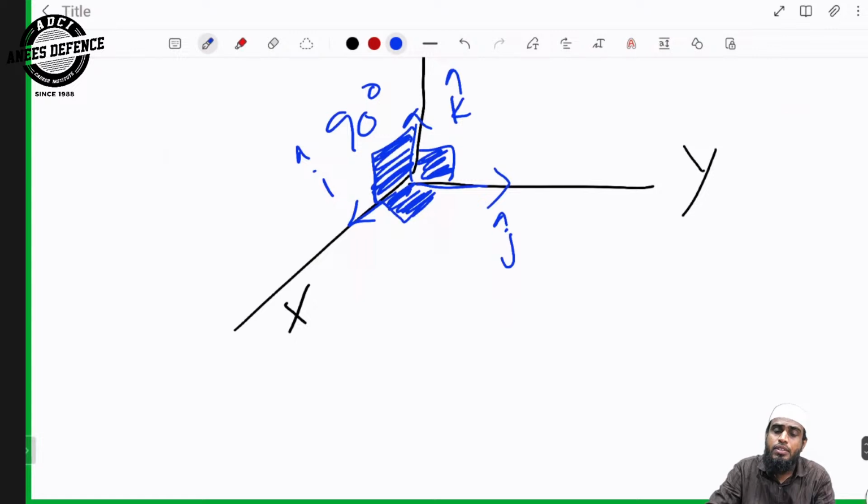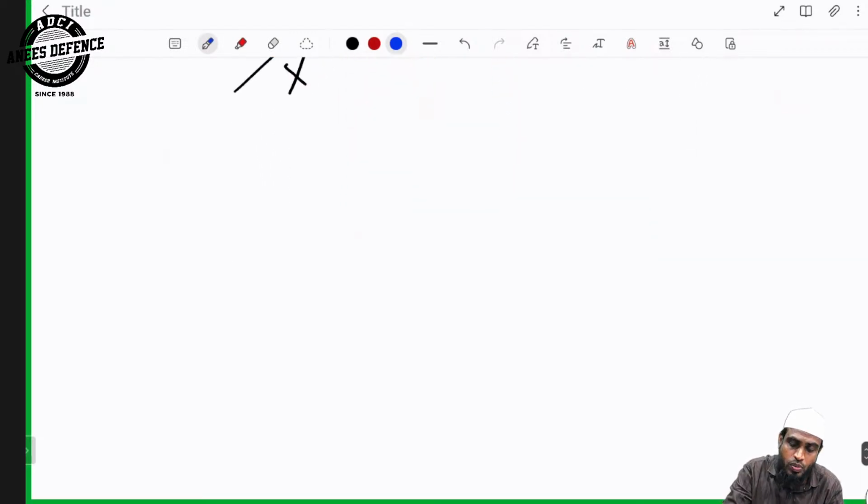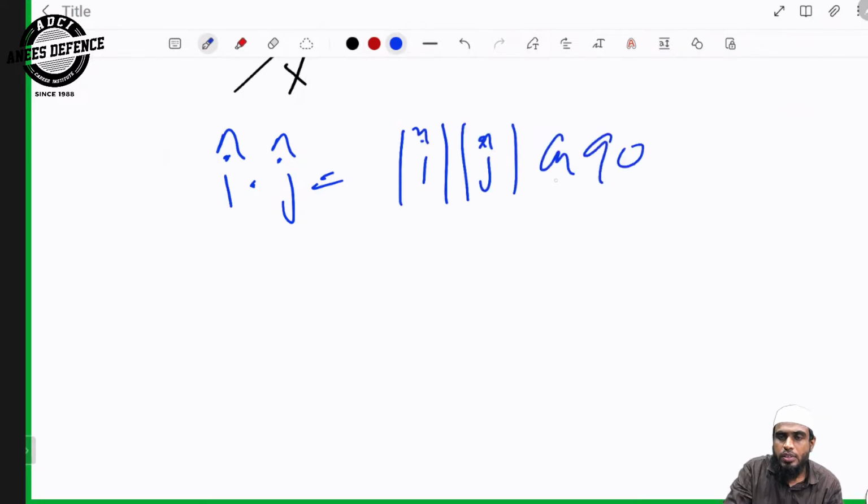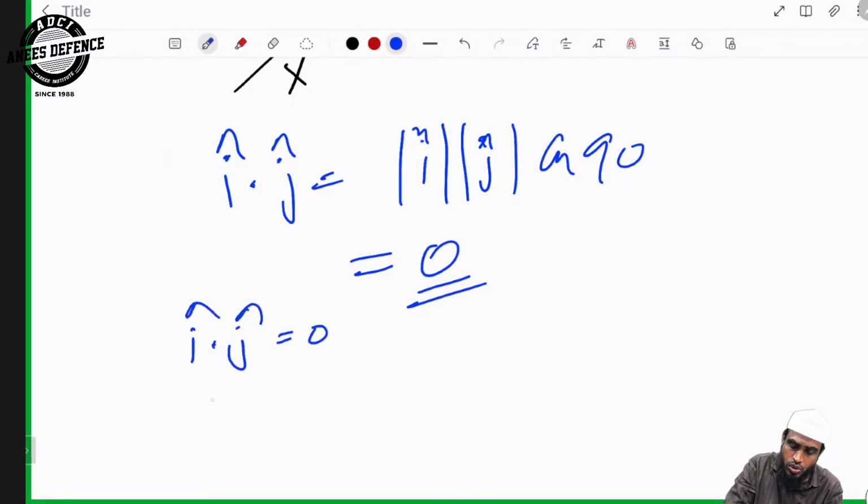So the angle between any two of them will always be theta equal to 90 degree. So what is dot product of I dot j? I dot j equal to mod I mod j cos 90. Cos 90 is 0. Therefore, I dot j is 0.